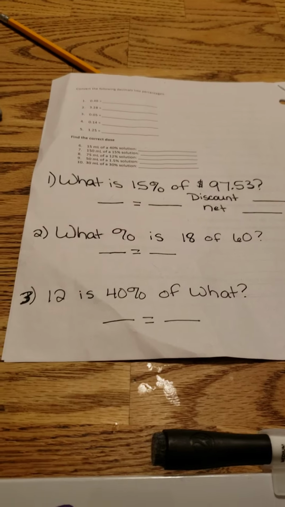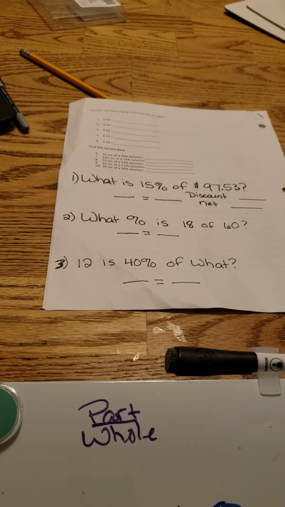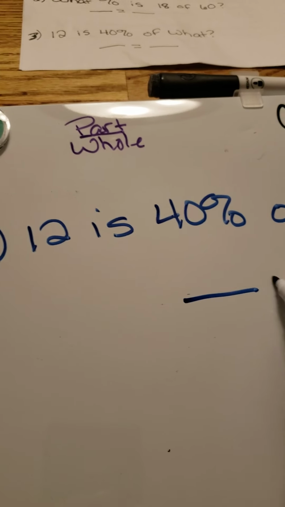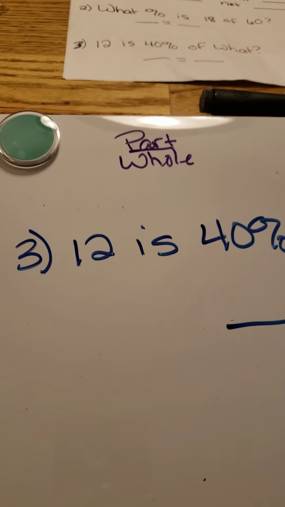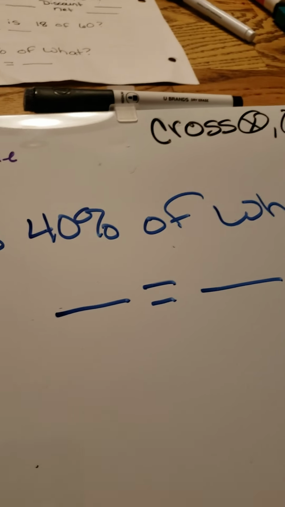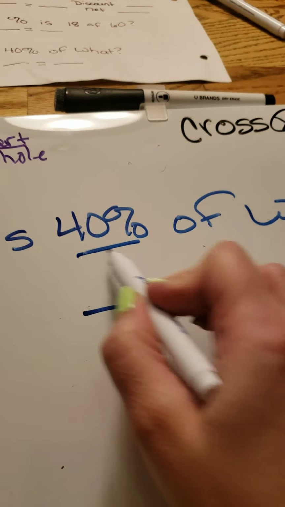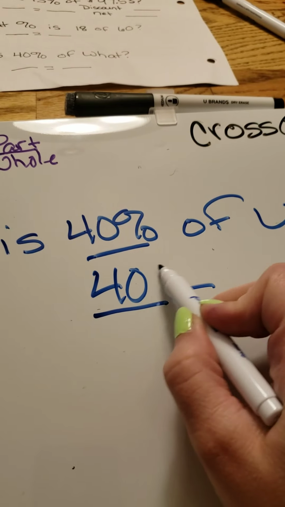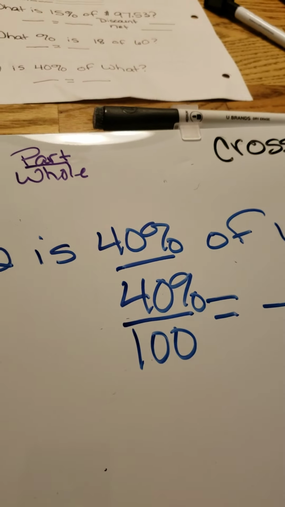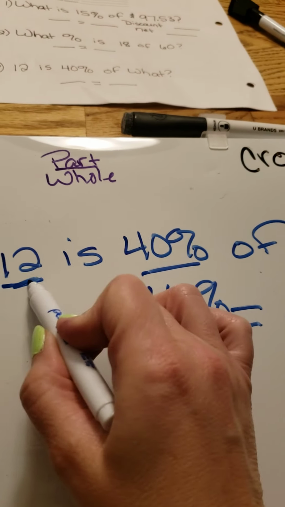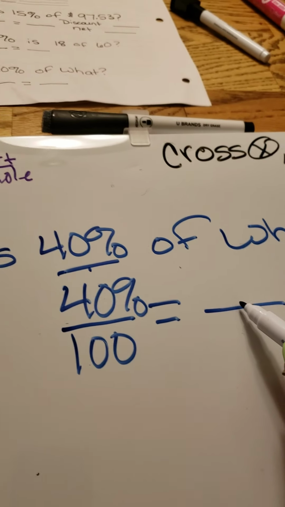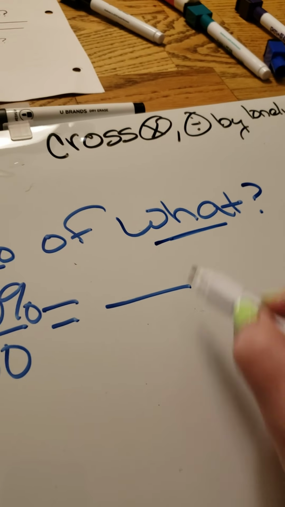All right, question number 3. 12 is 40% of what? So, set up as cross multiply and divide. Okay, 12 is 40% of what? Well, I have a percent, so we automatically know 40 is going over 100, always. And if 12 is 40%, I don't know what my whole number is.